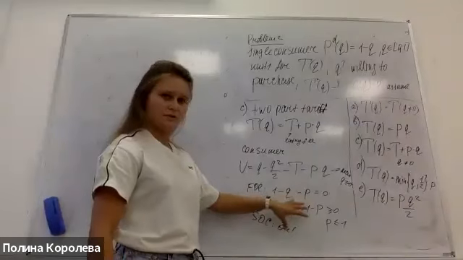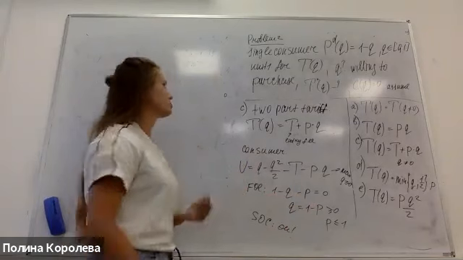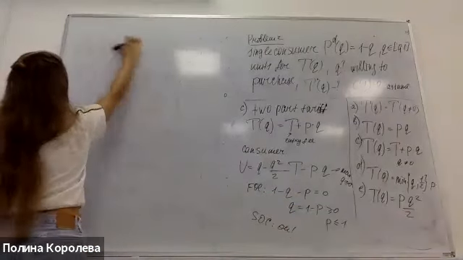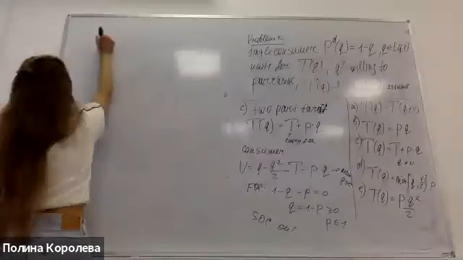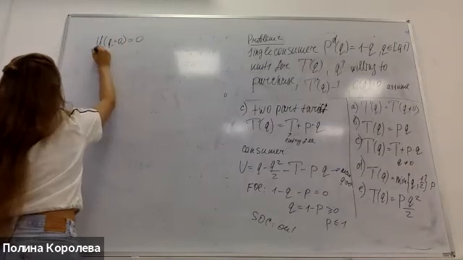When our utility from doing this is greater than the utility when we do not buy anything. So we should compare. Utility, if we don't buy anything, is 0.